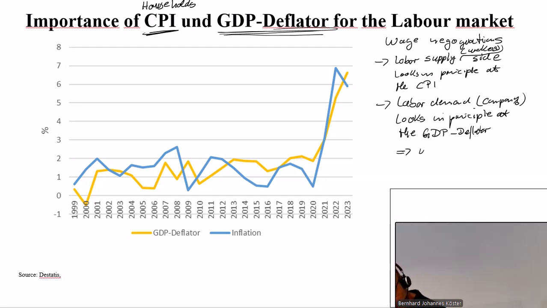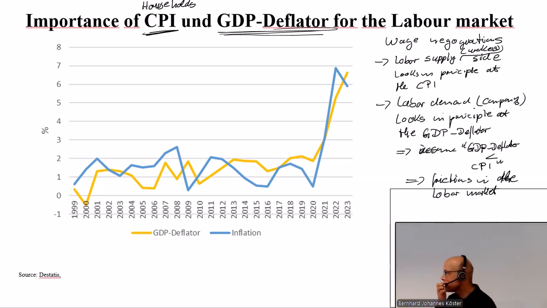So then, for example, assume GDP deflator smaller than CPI, then we have frictions in the labor market, because both have a reasonable argumentation and they cannot match. And then we have this fighting situation in the labor market.